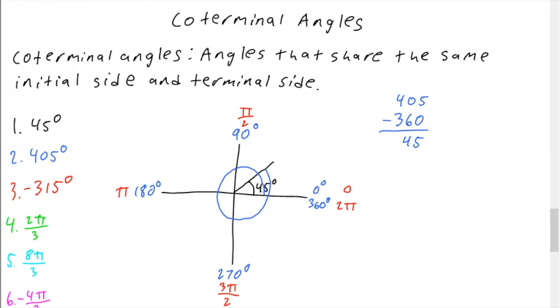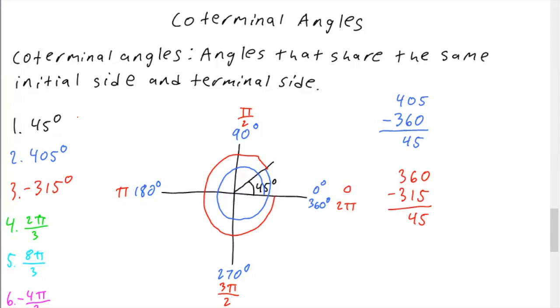So, we go backwards 315 degrees, and we would go around and end at 45 degrees. And you can calculate that by saying 360 minus the 315, because 360 is a full time around, and that'll give you 45.